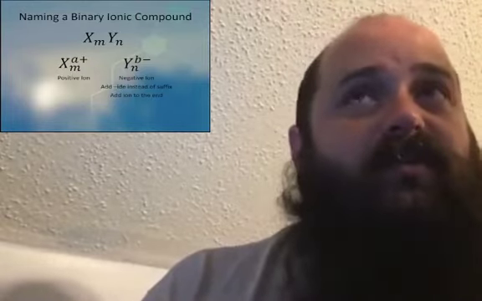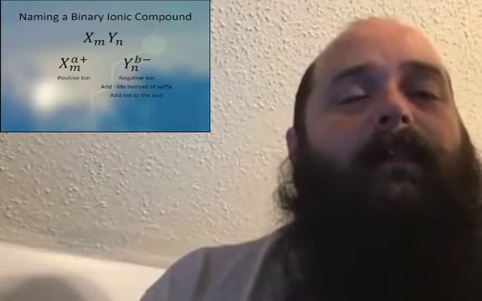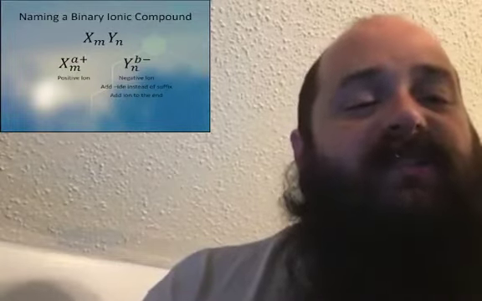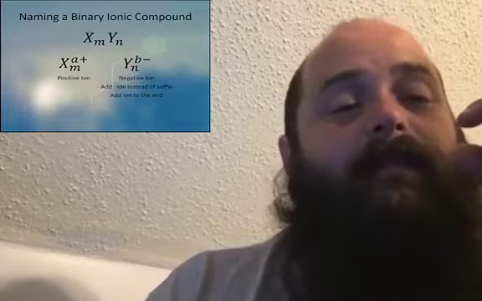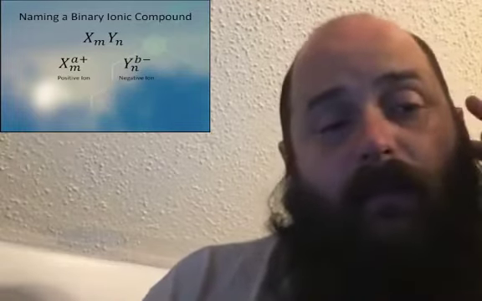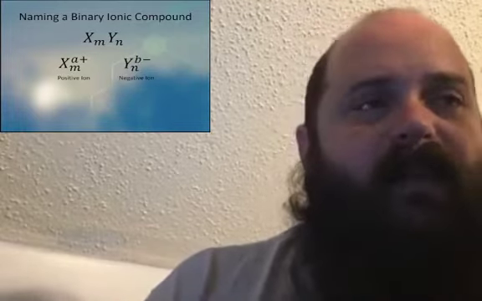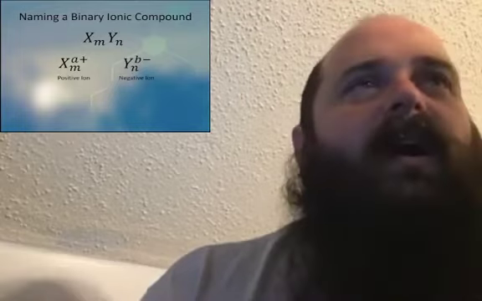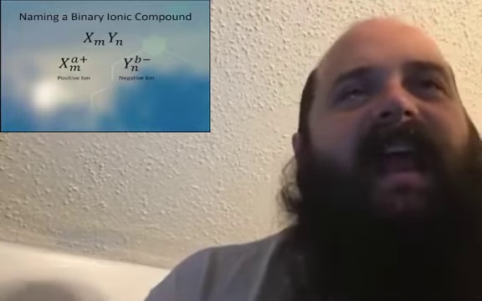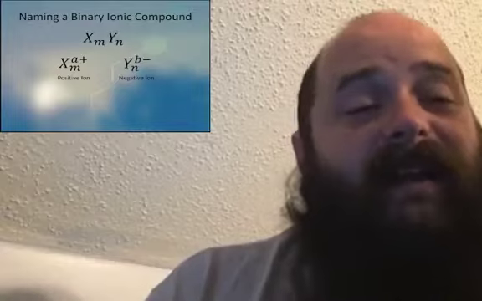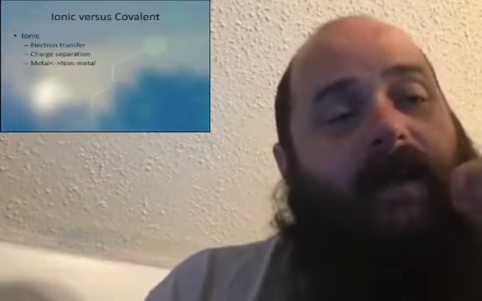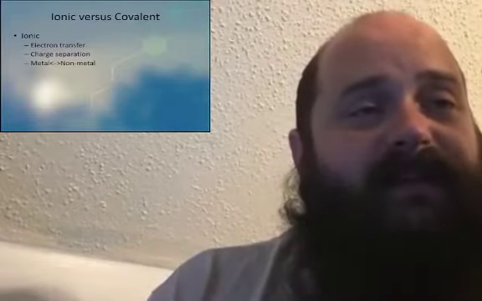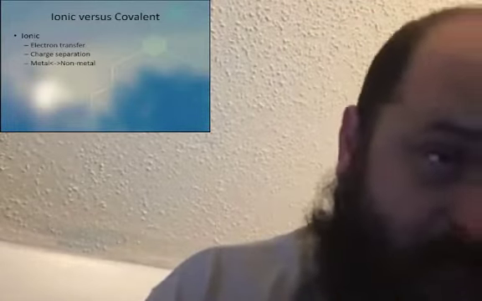For sulfur, the suffix is -ur, so it becomes sulfide. So if we form a calcium cation and a sulfide anion, we get CaS. And we'll do more of that practice last class period.